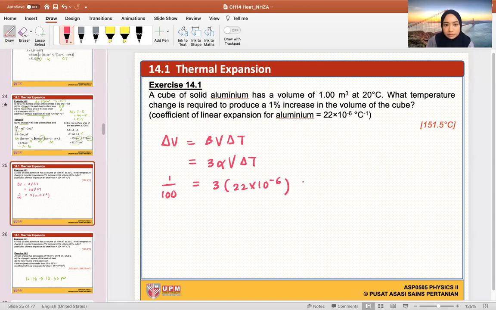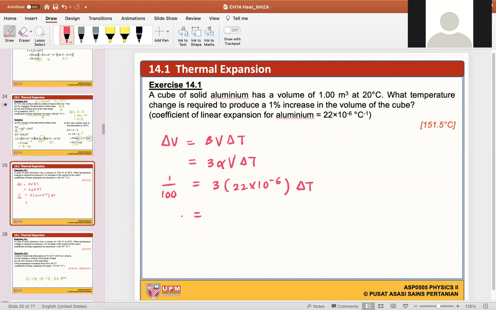Okay, delta T awak apa? Nak cari delta T. Lepas tu saya kira yang 3 darab dengan 22, saya dapat 0.00066 T. Delta T saya 151.5.